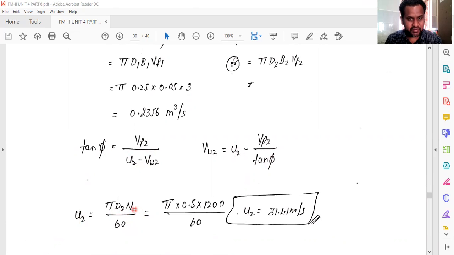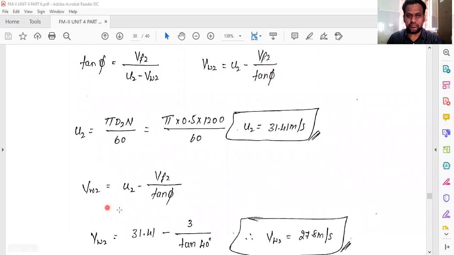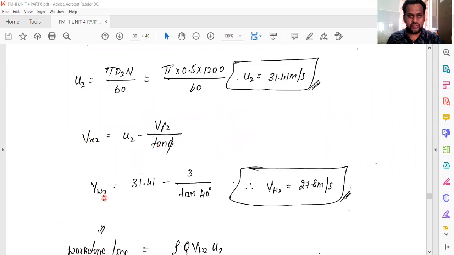D2 value is given, n value is given, substitute, and U2 is 31.41. So Vf2 is known, phi is known, U2 is known, calculate Vw2. So Vw2 is equal to 31.41 minus 3 divided by tan 40. Vw2 is 27.8 meters per second.